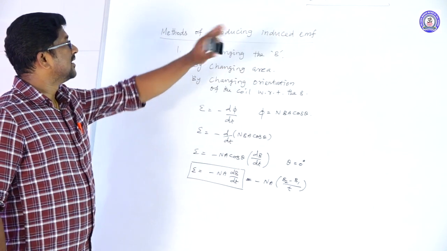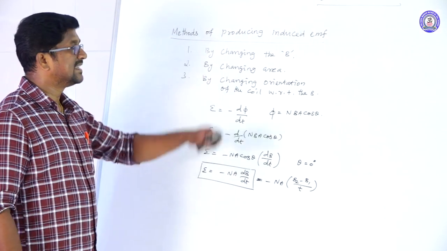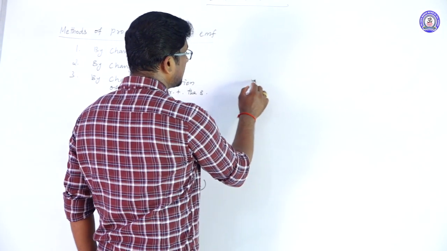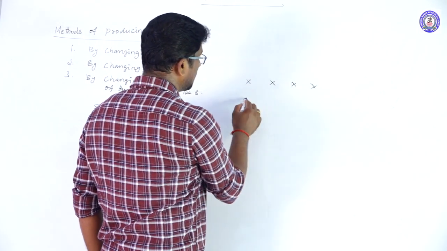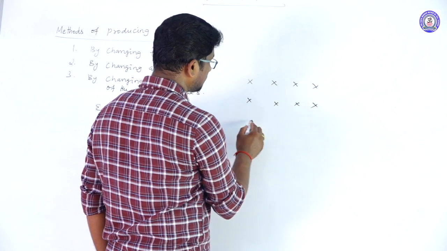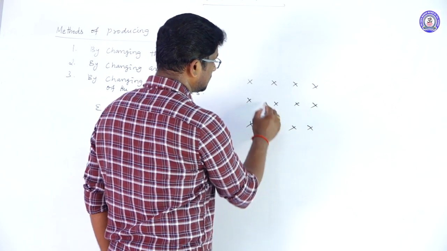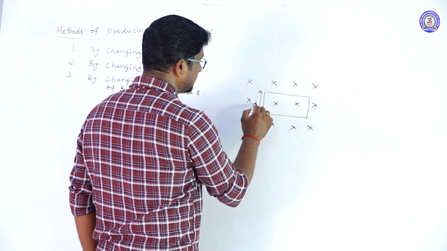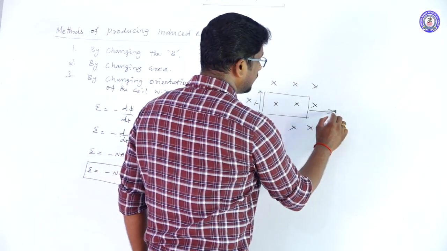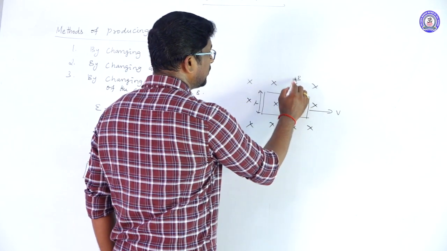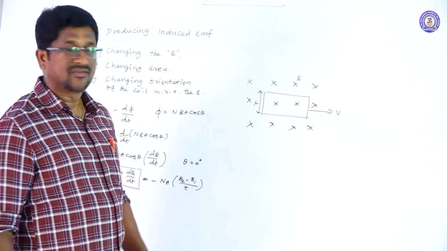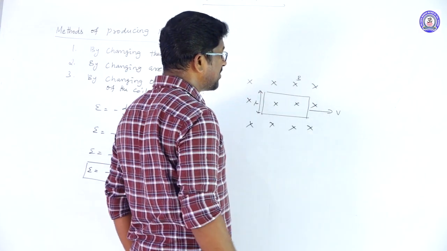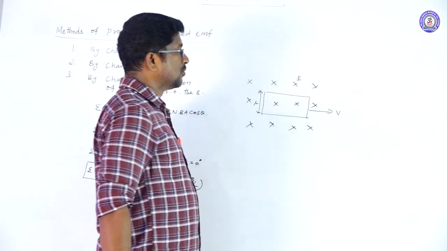And second, the induced EMF can also be produced by changing the area enclosed by the coil. Already I told there is a rectangular coil or loop in the uniform magnetic field. Opposite side with length L, and it is moving with the velocity of v in the uniform magnetic field B. When the rectangular loop moves inside the uniform magnetic field, an EMF is produced in it.